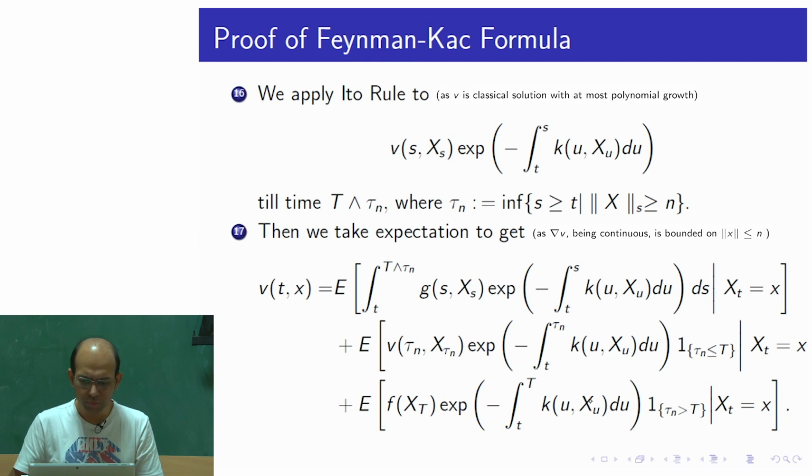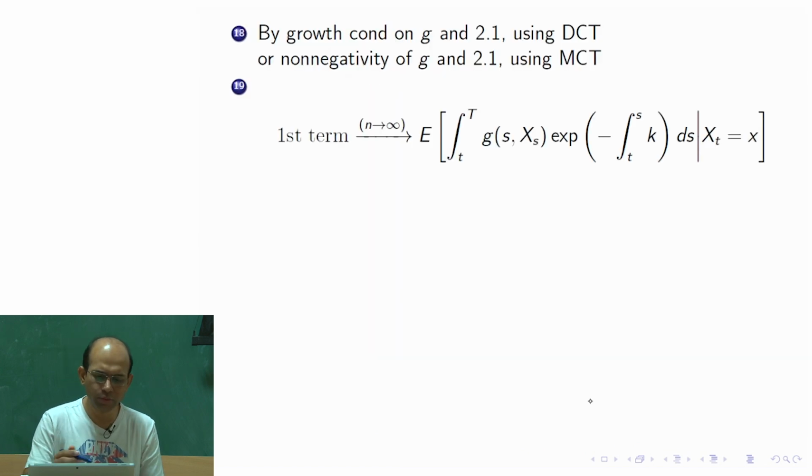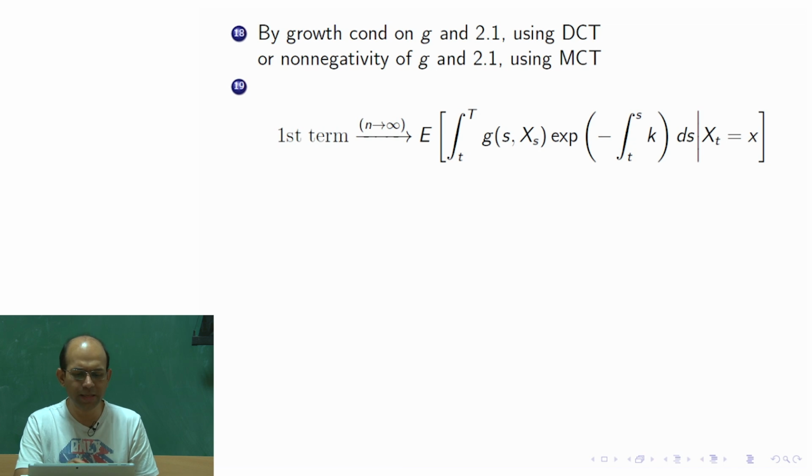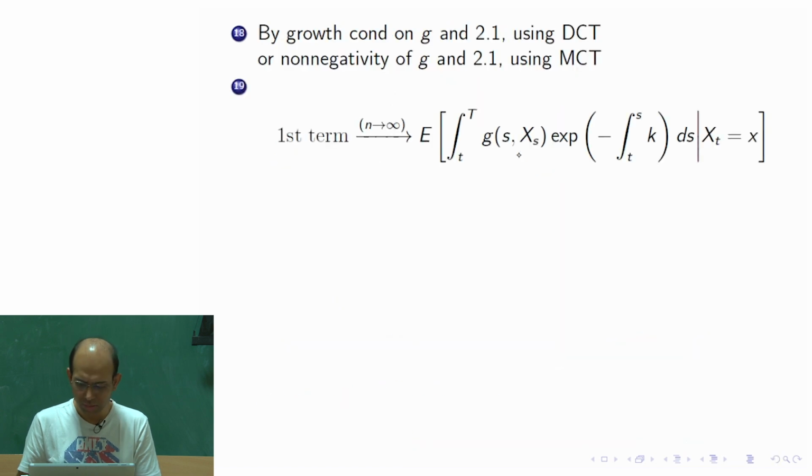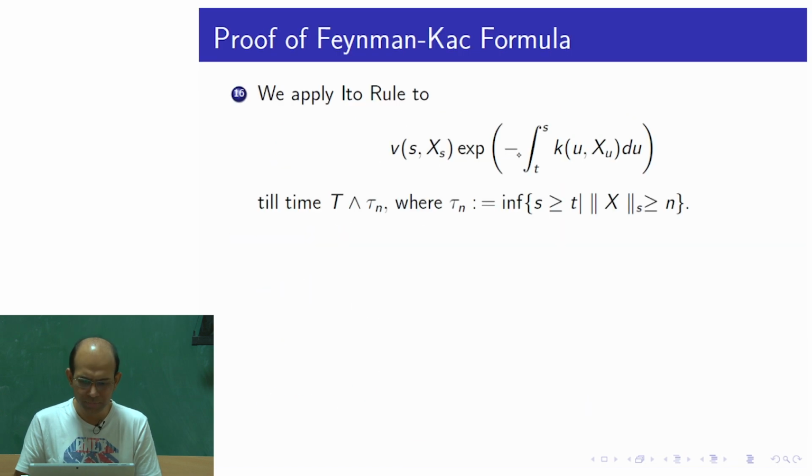Okay, so let us go back to this thing. First term, as n tends to infinity, we are pushing this limit inside. How do we do this? Because we are using the dominated convergence theorem. We can do this because g has at most this polynomial growth condition, and then we are using 2.1.